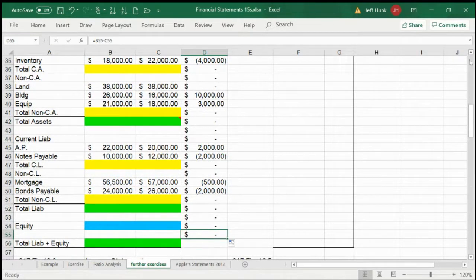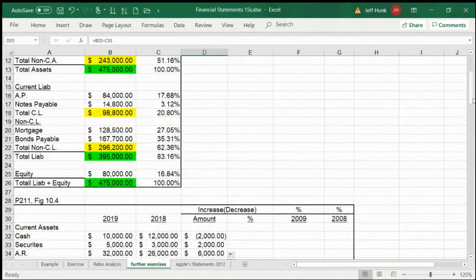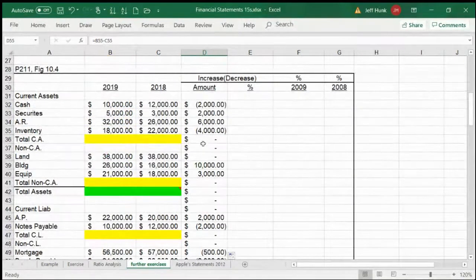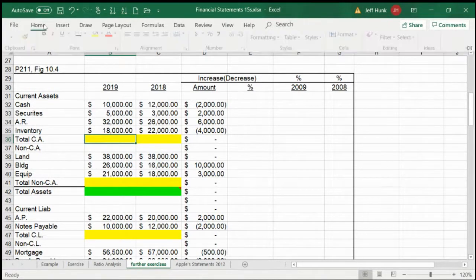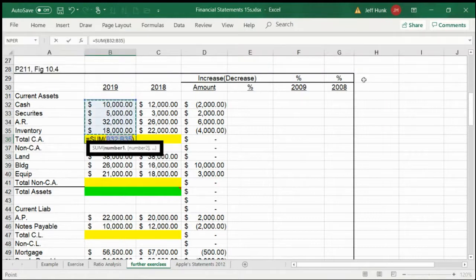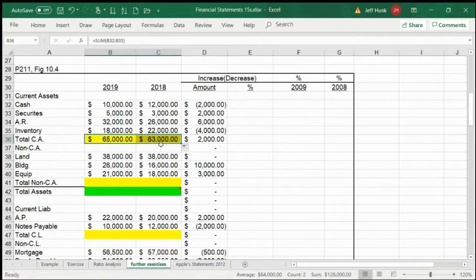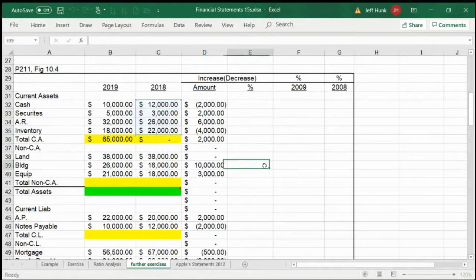But then you might wonder, I don't have this. Don't worry. Look, total current assets, we know what that is. There you go. And you can simply drag it to the right, and the same formula gets copied. And we had it there already.